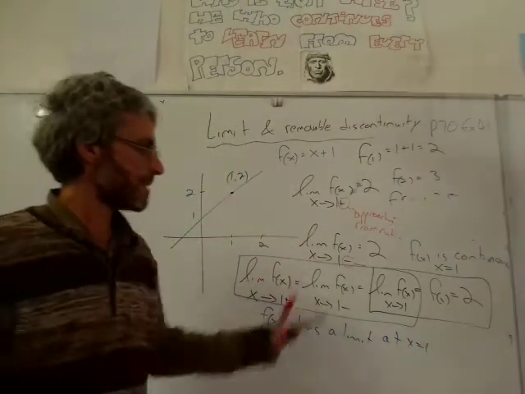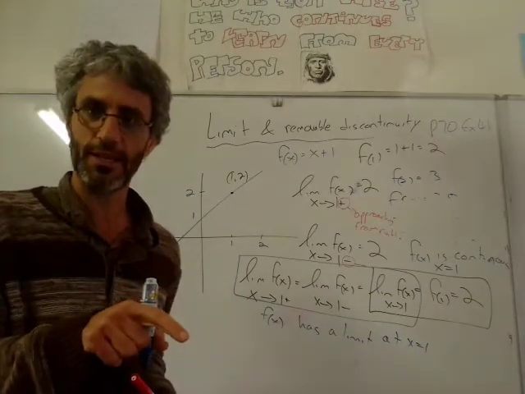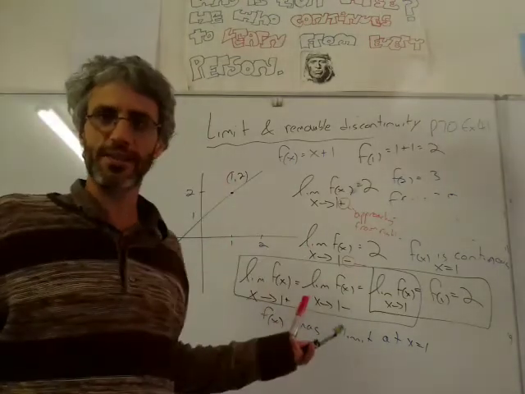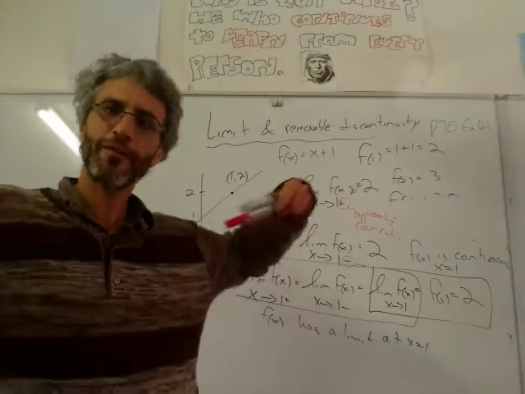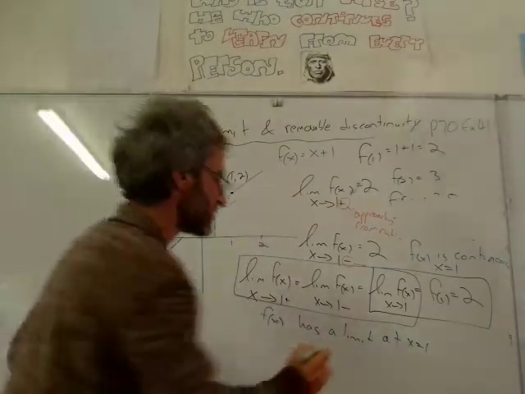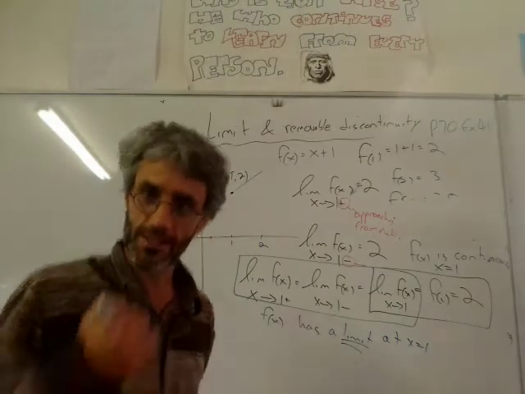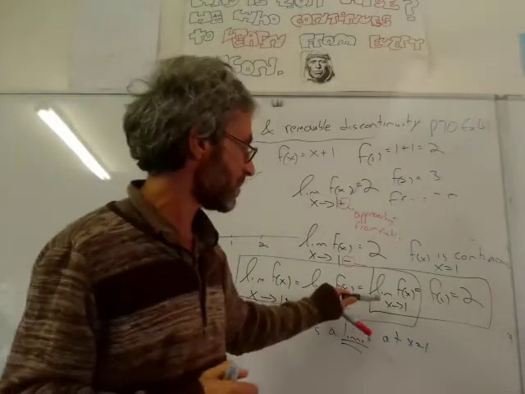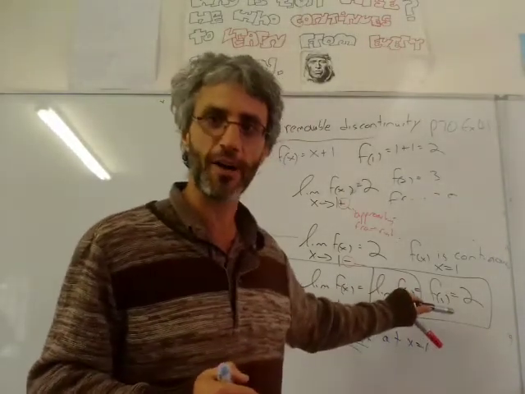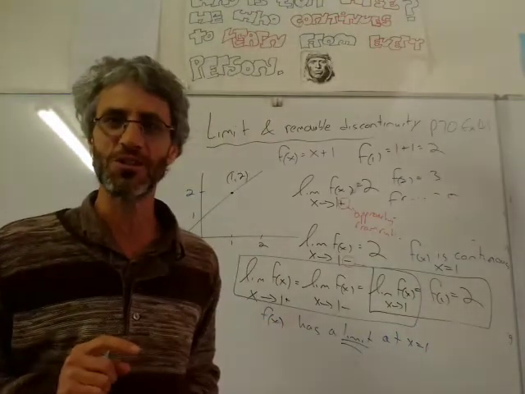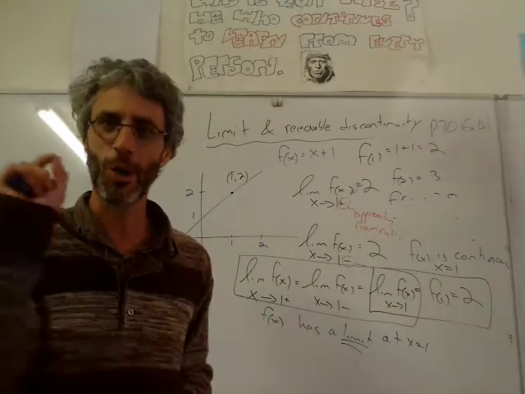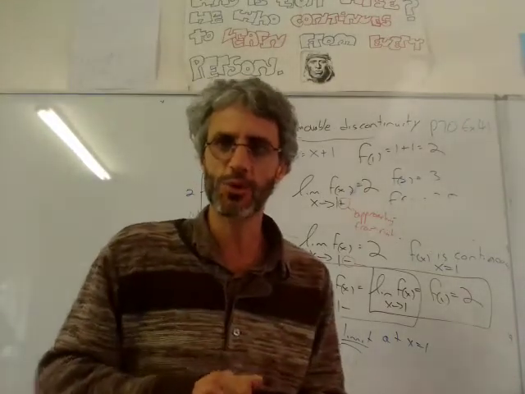If these limits are not the same, as we will see in other examples, then we can't say that there is a limit, because obviously it depends from which side you're coming. But if the limits are the same, we say that there is a limit. Now, a step up: if the limit is also equal to the value of the function, we're not just saying there's a limit, we're saying that f is continuous there. Okay? I'll pause here and make some space on the board.